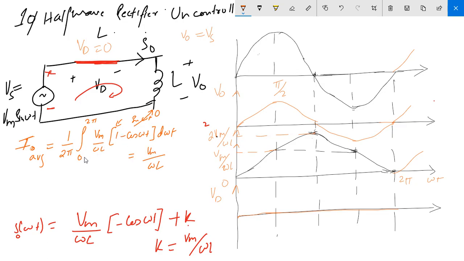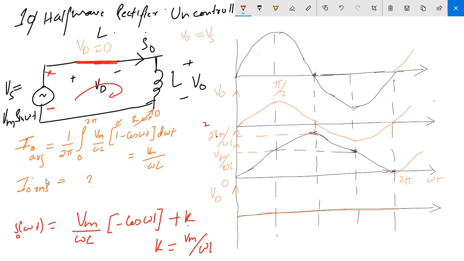So if you have good maths, you will be able to do this. Next, what will be your RMS value, I naught RMS, for this waveform? Again I am leaving it to you how to calculate the RMS value.